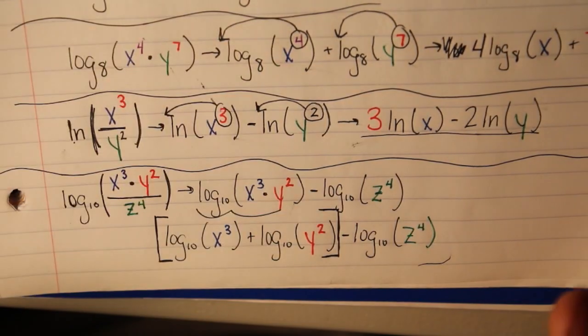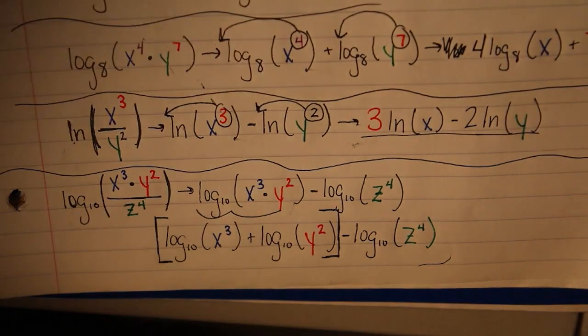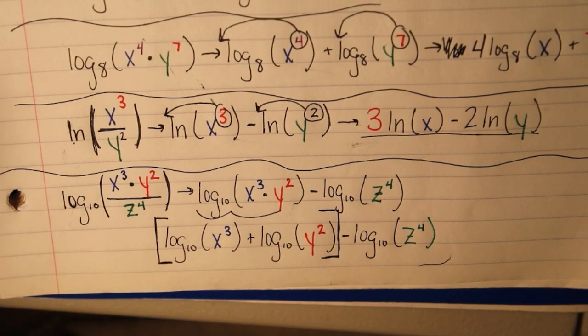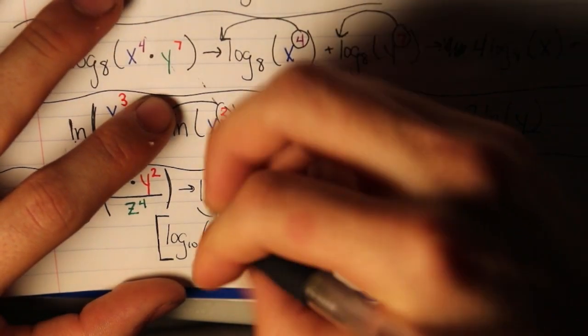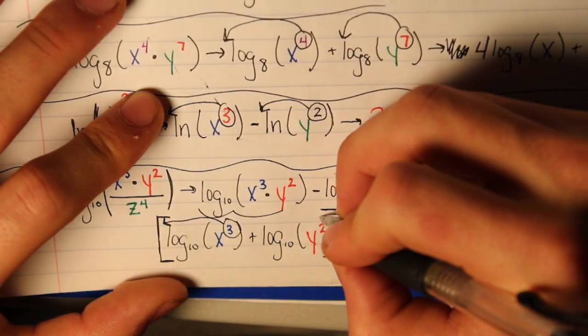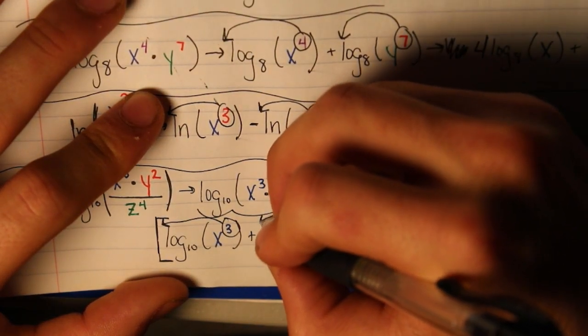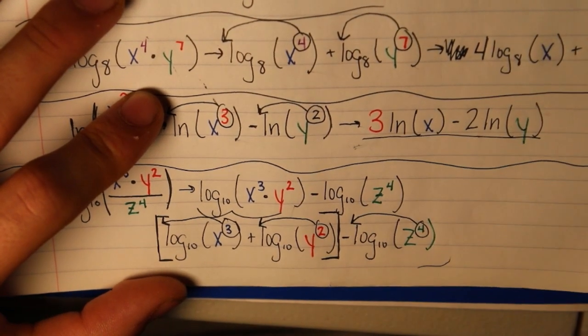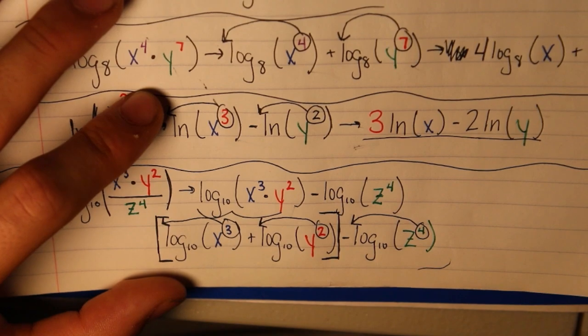And then after that, we take our exponents and move them to the front. Exponents have priority. They are powerful. They're almighty powerful, so they go to the front of the line. You take your exponent and put it in front of your log because they are first. And we do that for each term.